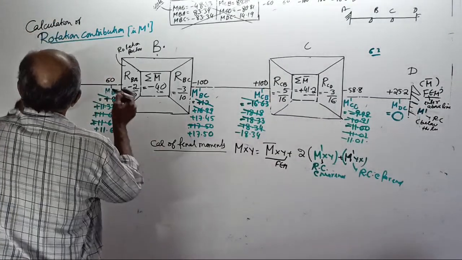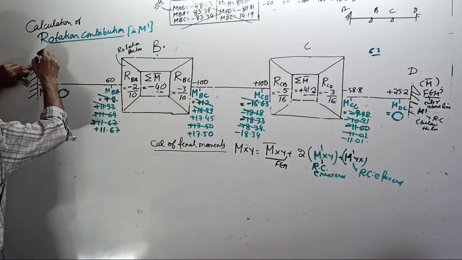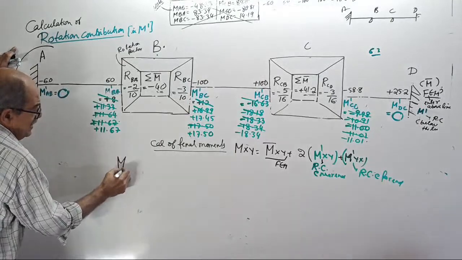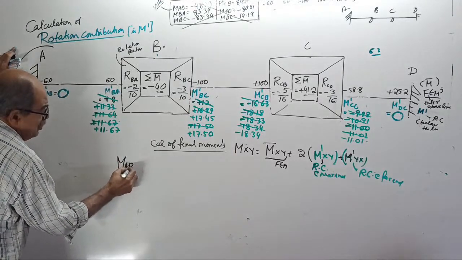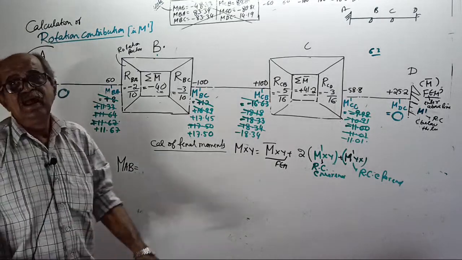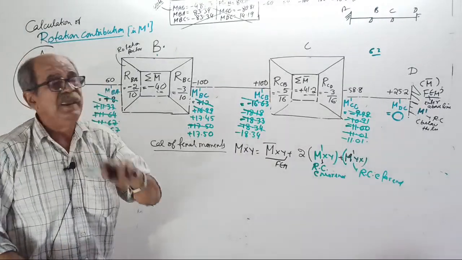Okay, now start. How to calculate? I want first this moment, MAB. See correctly what I am doing. Now you require the individual FEM.